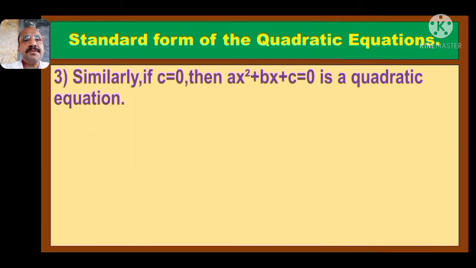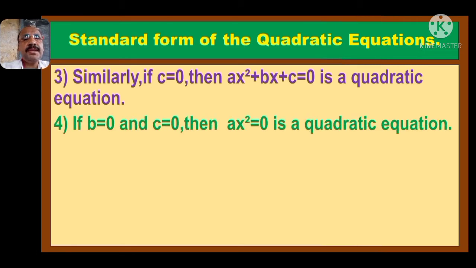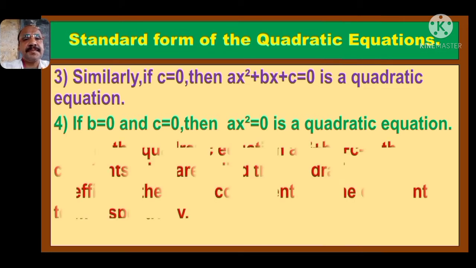Similarly, if c = 0, then the equation becomes ax² + bx = 0, which is also a quadratic equation. If b = 0 and c = 0, then ax² = 0 is also a quadratic equation.